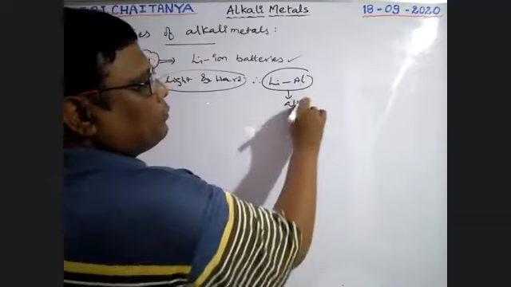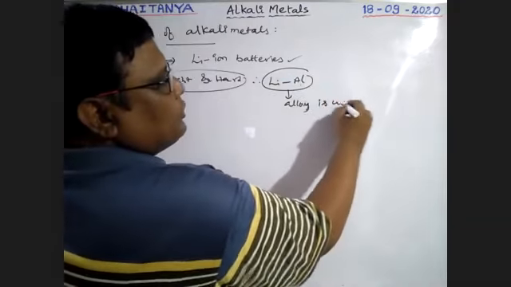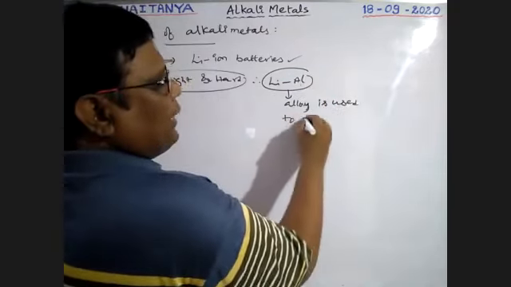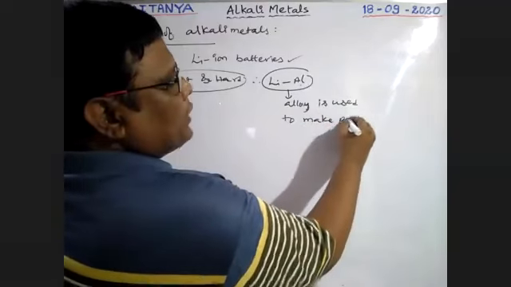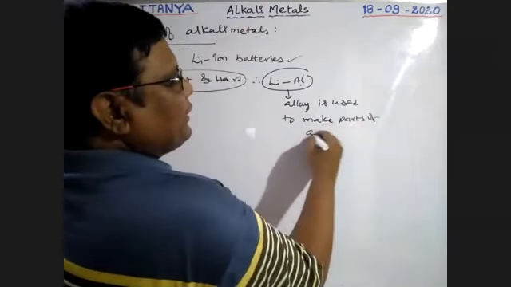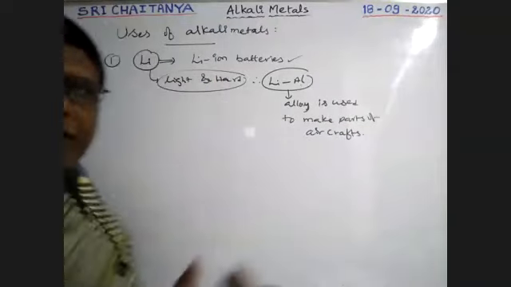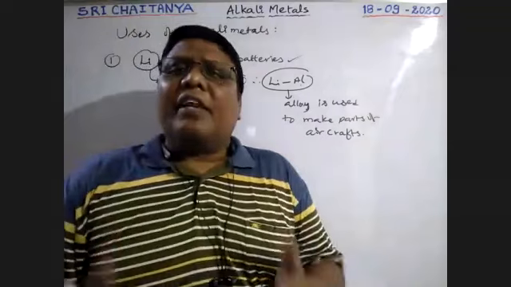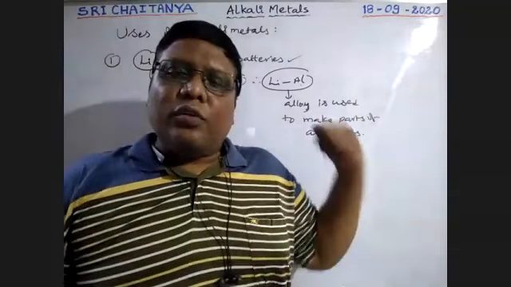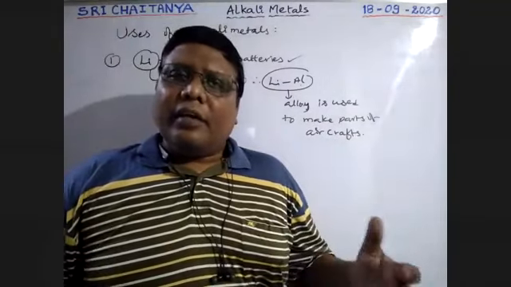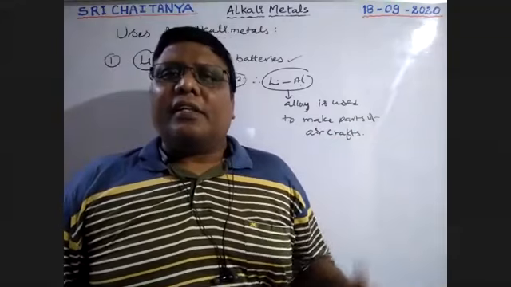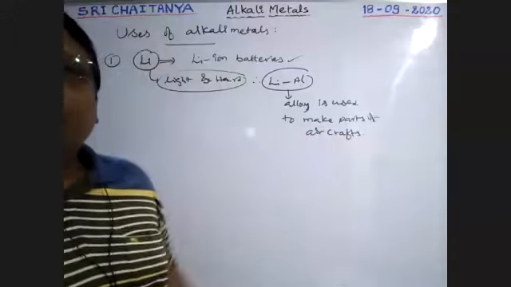Alloy is used to make parts of aircrafts. Aircrafts require very lightweight and hard materials. So lithium aluminum alloy gives that particular strength. So use it to make parts of aircrafts.